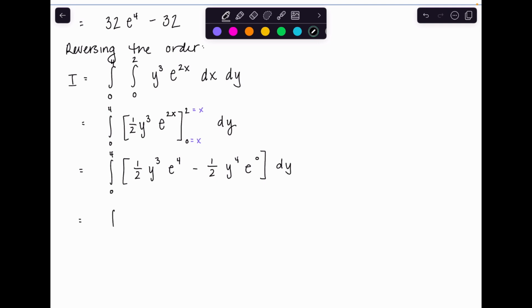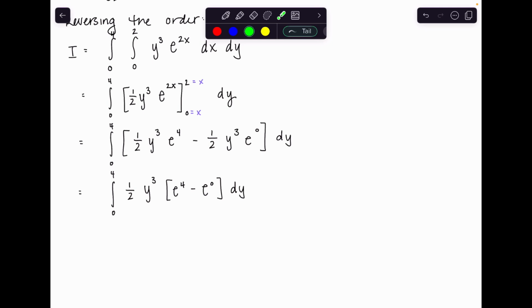So really, both of these have a 1/2 in common, and they also have a y cubed. I accidentally copied down the wrong one there. Okay, because that y cubed does not change. From the first piece, I'm then left with e to the 4th. From the second piece, I'm left with e to the 0, and e to the 0 is just 1.